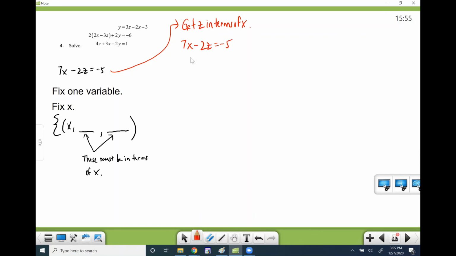I'm going to do that by moving 7x over to the other side. So it'll be negative. And then I'll divide by a -2. So you have z equals 7/2 x plus 5/2. And guess where I'm going to put it? In the z spot.